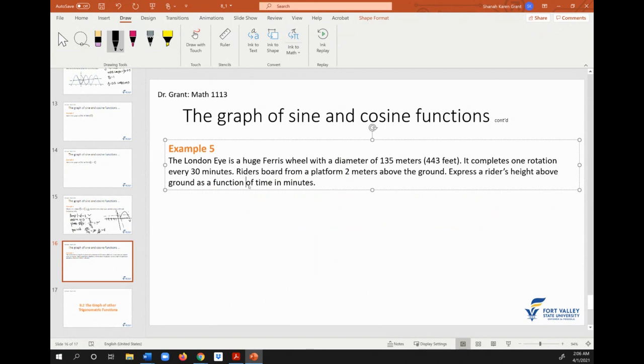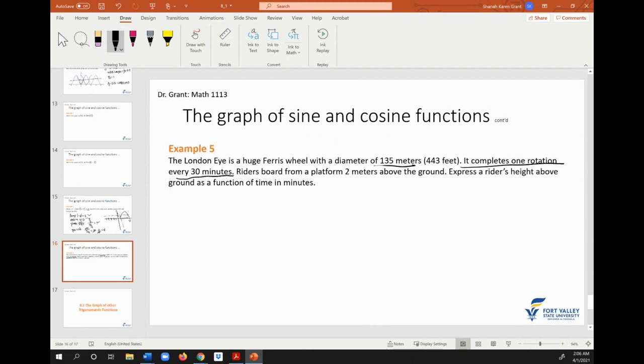All right, so the London Eye. Let's see what we're given in this problem. The Ferris wheel has a diameter of 135 meters, completes 1 rotation every 30 minutes.